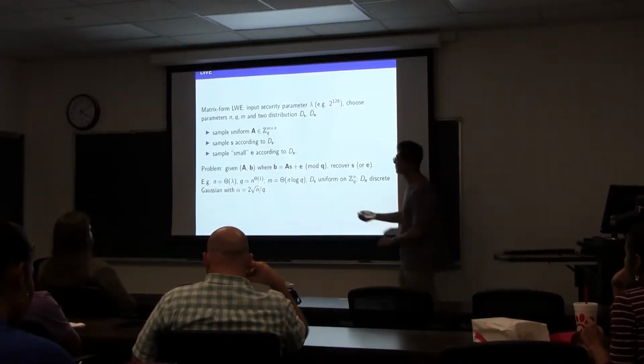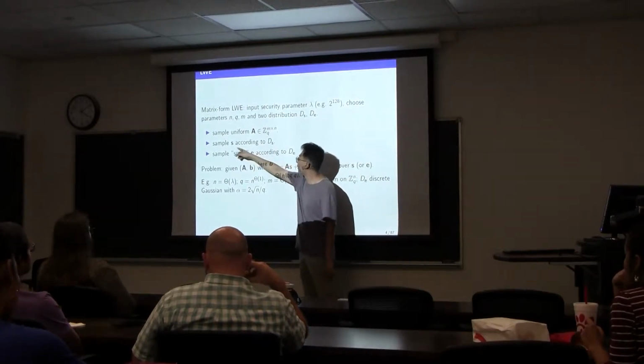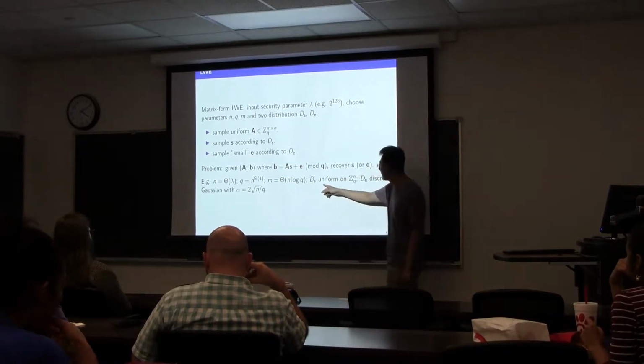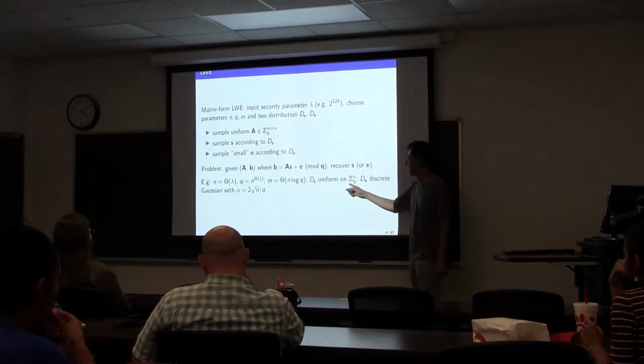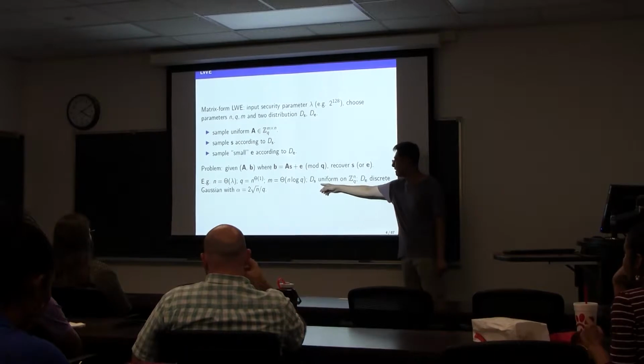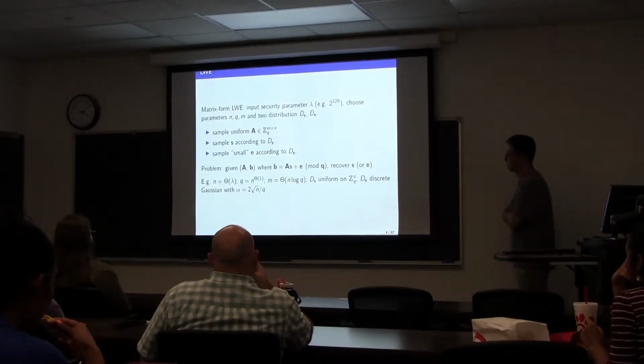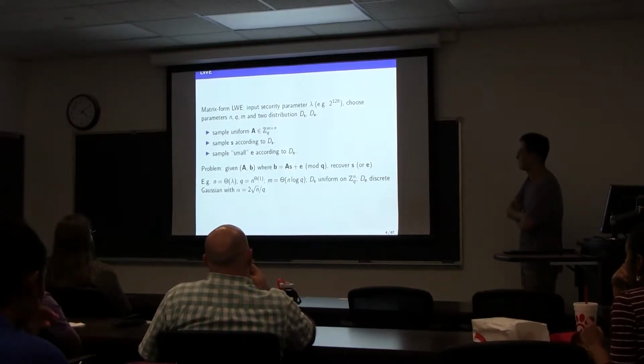The way that he's going to sample is simply to sample S according to a certain distribution. As an example here, the distribution could be uniform. The distribution of S could be simply uniform on Z_q to the n. The simple case to consider is a uniform distribution where each coordinate is uniformly sampled from Z_q.